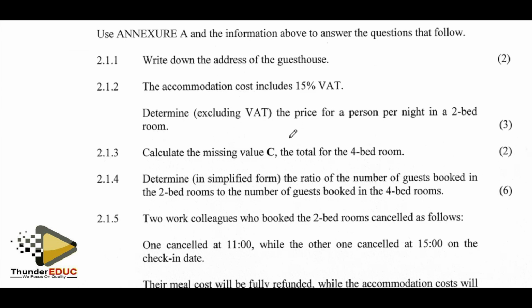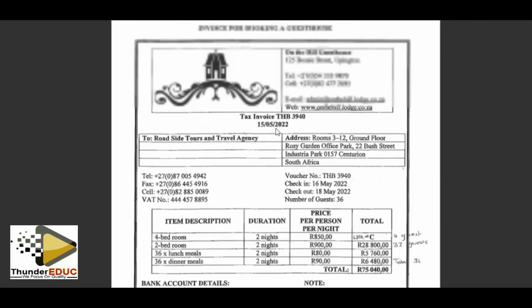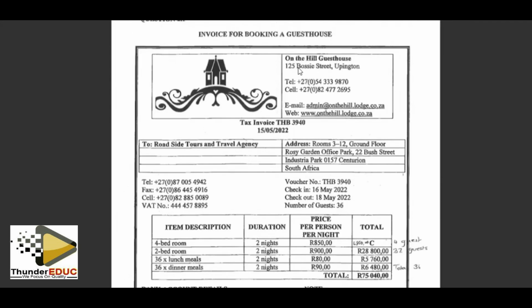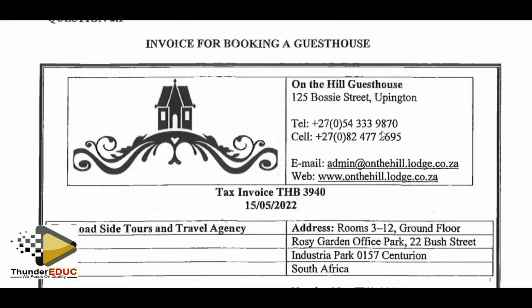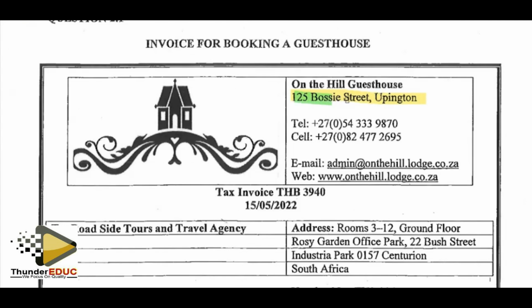All right, let's write down here. Write down the address of the guest house. We need to go to the addendum. So the address is this one here. The address will be this one. So we go back here and write.